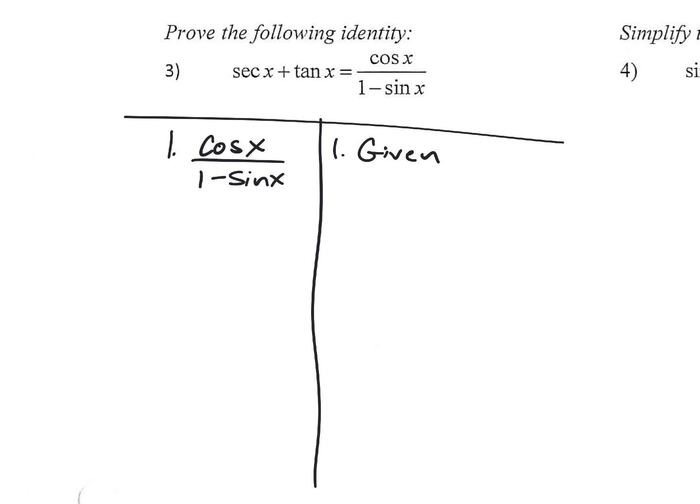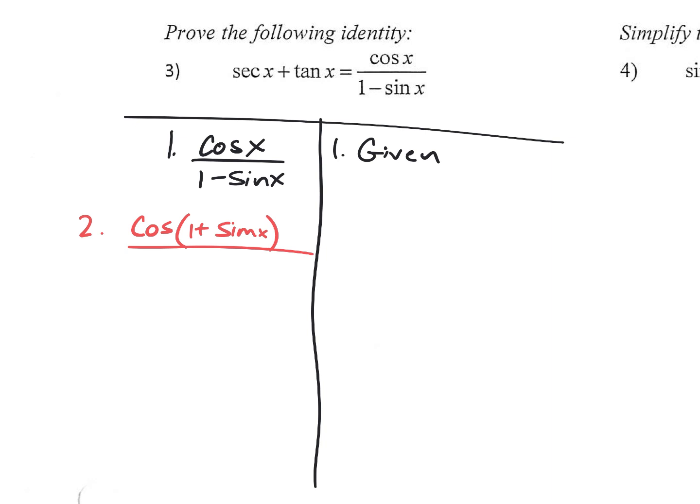Now, I can see that eventually I want to create secant and tangent. So I may need a more complicated denominator. I know that secant can be written with a denominator of cosine, as can tangent. So as my second step, it may come a little bit out of the blue, but I'm going to multiply by a complicated version of the number 1.